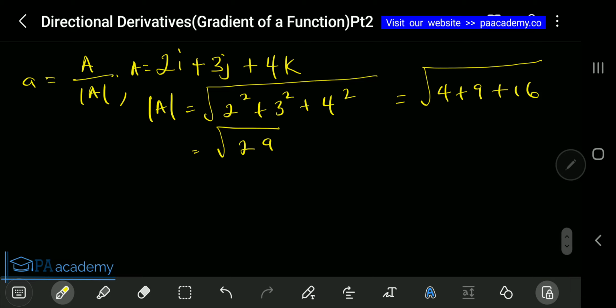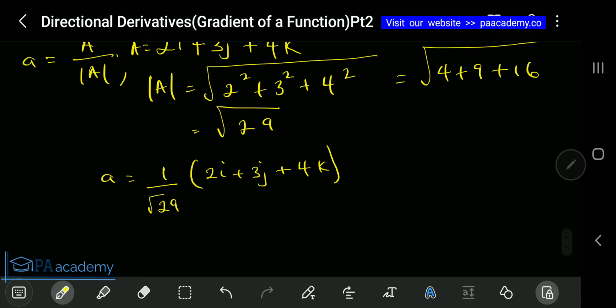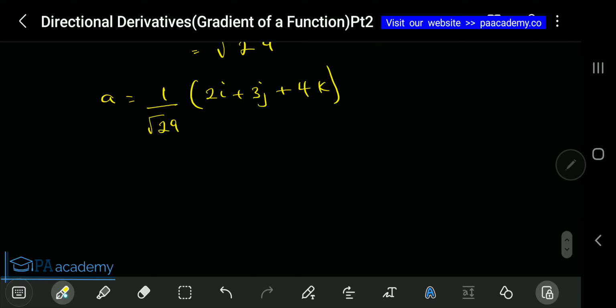So with this, we already know that our small a is 1 over root 29 multiplied by 2i plus 3j plus 4k. Alright, so we are almost close to getting our directional derivative.